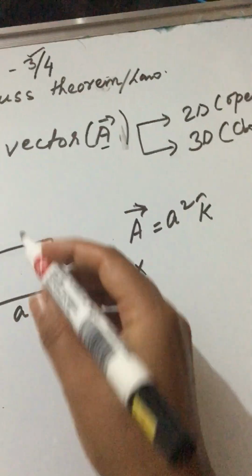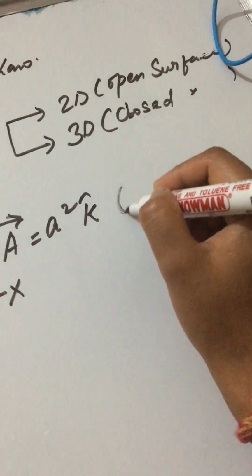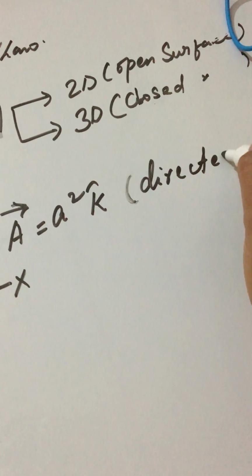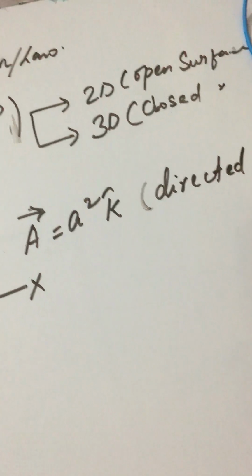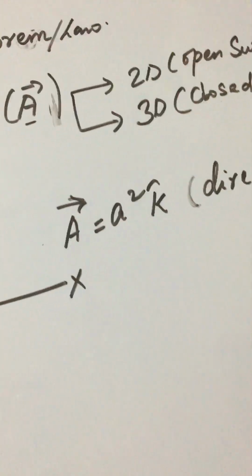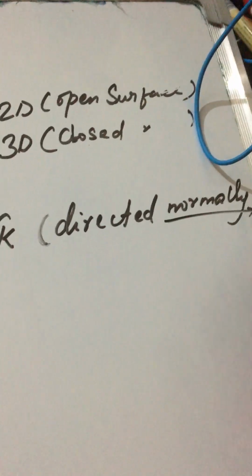Understood? So, directed normally. Area is a vector, the direction is normal to the plane of it.